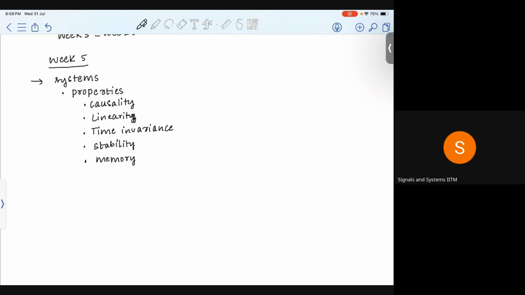And we have also seen that anything that is both linear and time invariant is known as an LTI system.